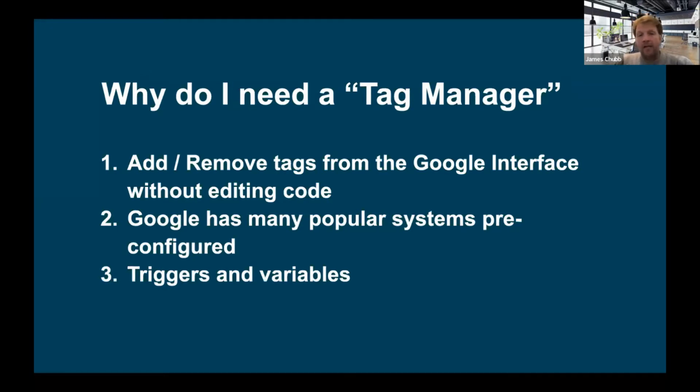It also has triggers and variables. A trigger is something that causes the tag to fire or execute, and you can set different rule sets depending. This is sort of an advanced feature. We'll show you more about this in a minute. And also variables. A variable might be an example of, what is the referrer? The referral website.